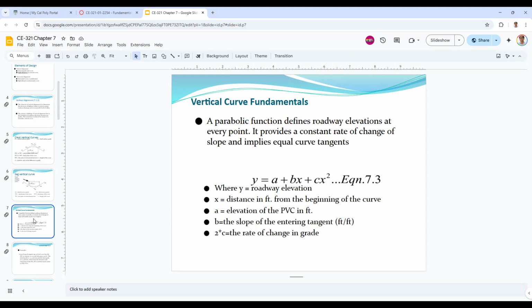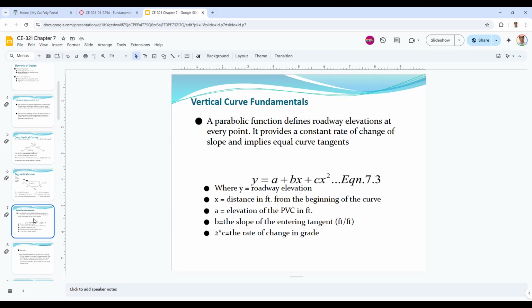So if you plug in x equal to 0, I told you what point does that represent? That represents PVC on the curve, right? At x equal to 0, you're talking about PVC, the point of vertical curvature where the curve begins. So if you plug in x equal to 0 here, y will be equal to a.